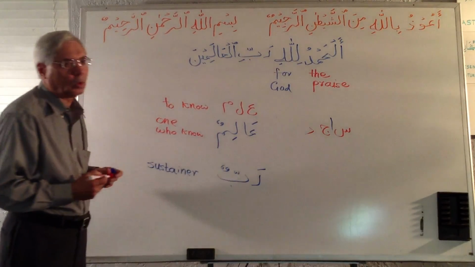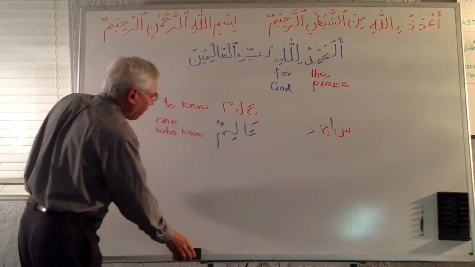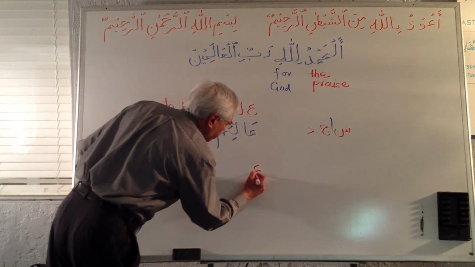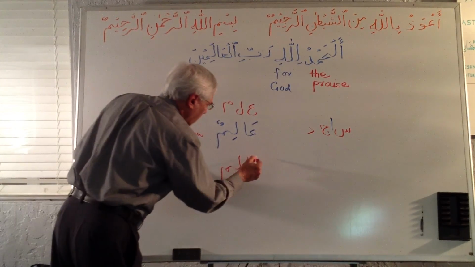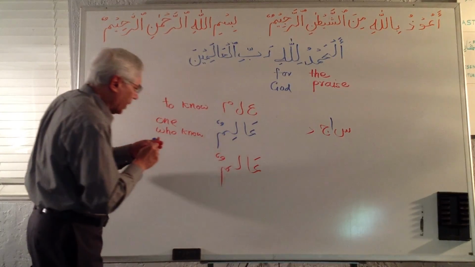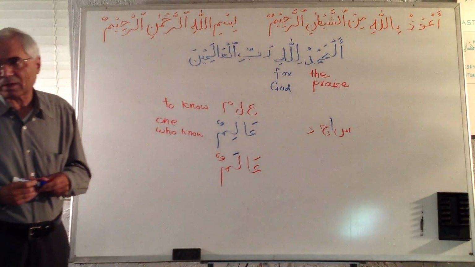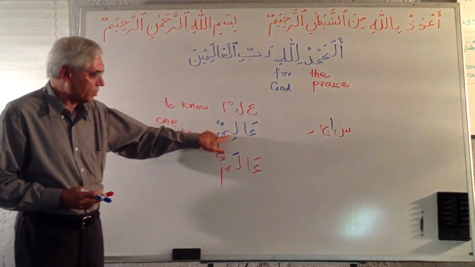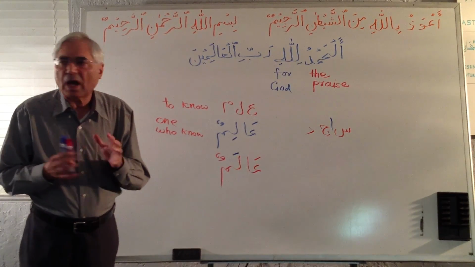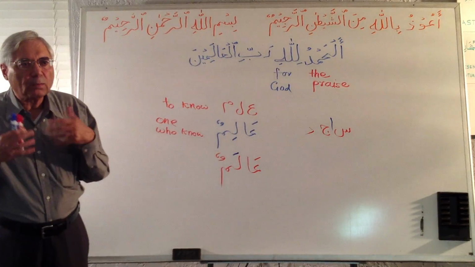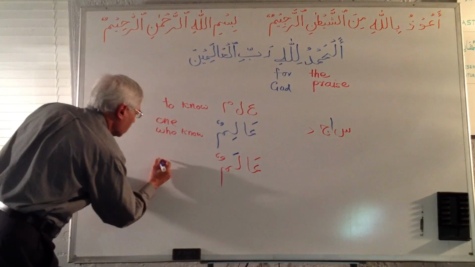If I make one change here, and on this letter lam, I put a fatha or a zabar instead of zair, I just made one change. So this became alamun. Alam means world. So this is a different meaning.